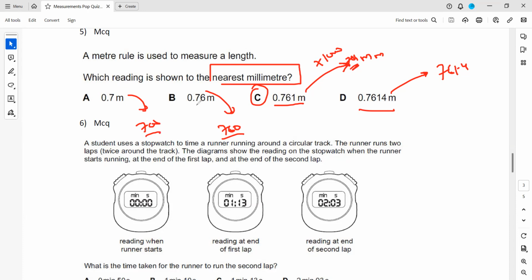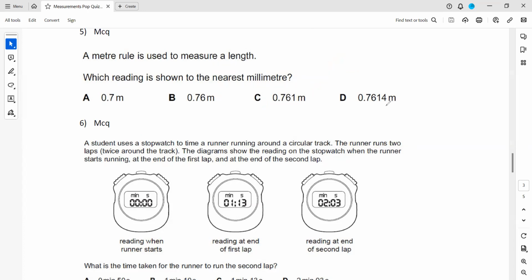But we are not sure, because we want the nearest millimeter, which means we need a whole number. When we multiply 0.761 meter with 1000, we get 761, which is the whole number. That's why C is the right answer. Here we'll get the answer in decimal, and in A and B, we won't get the answer as a complete whole number. We will not be sure what the next number is.